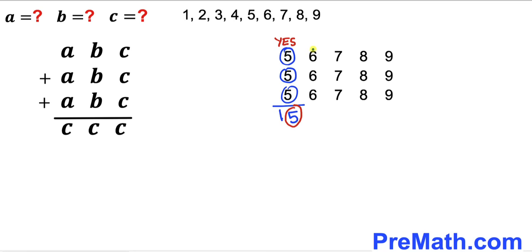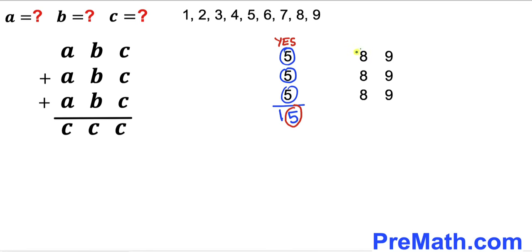And now let's try 6, 6, and 6. If we add them, that is going to give us 18. And 8 is not same as 6. So we are not going to have a good option with this one. We're going to rule it out. And likewise, if we add 7, 7, and 7, that adds up to 21. And 1 is not same as 7.